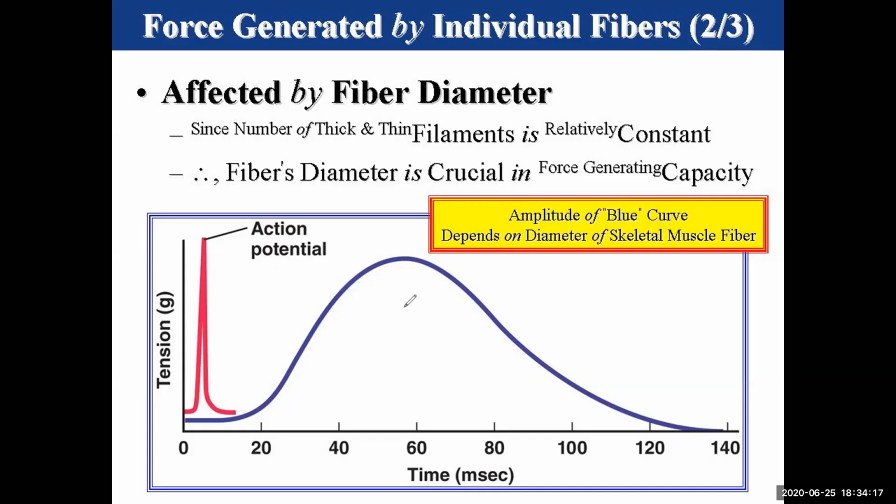One more time, the bigger the cell, meaning the width of the cylinder, because the skeletal muscle cell is like a cylinder, right? The larger the diameter, the stronger the tension being produced. That's the second factor, the diameter of the skeletal muscle fiber.